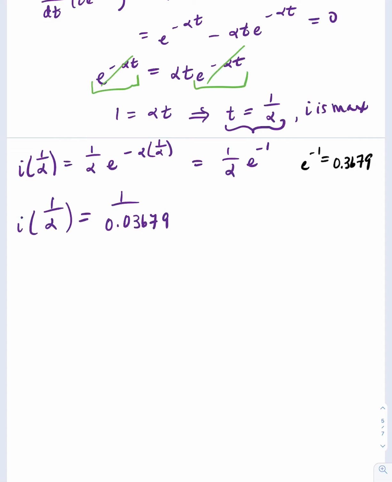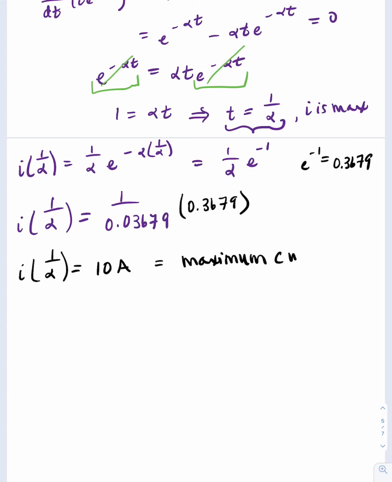So we will multiply that. And I at 1 over alpha is equal to 10 amps. So our maximum current is 10 amps.